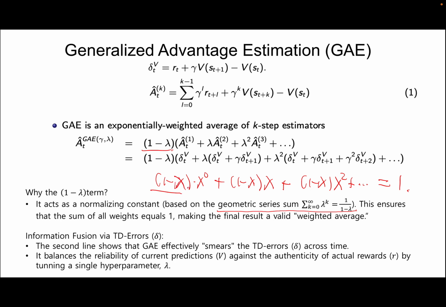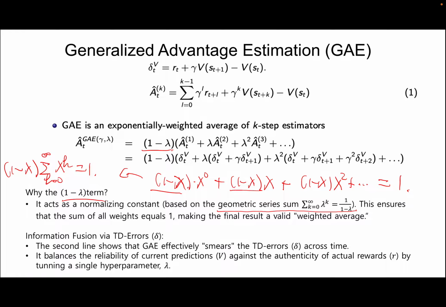We can rewrite this as 1 minus lambda times the sum from k equals 0 to infinity of lambda to the k, and it's 1. So it's just a normalizing constant. We are doing an exponentially weighted average, so we'd like the summation of the coefficients of all n-step estimators to become 1. That is the reason why we have this one.